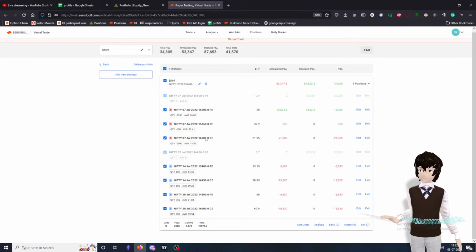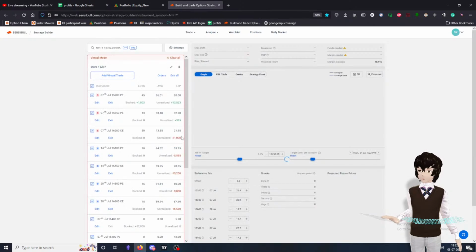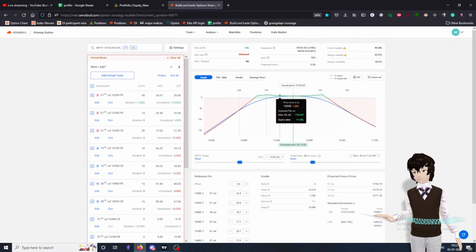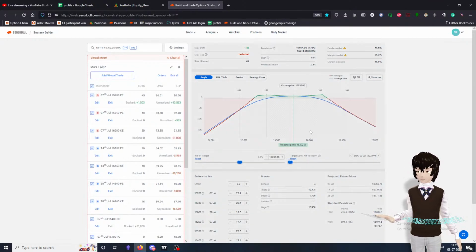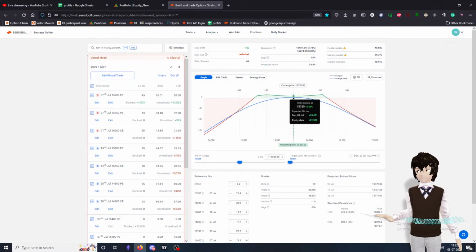And then I sold the 16,200 for 13, and on Friday it was kind of bullish, so it expanded till 21. And so I ended up booking all the puts and climbing the puts up. So you can see this is the actual curve, and right now it's at 33,000.